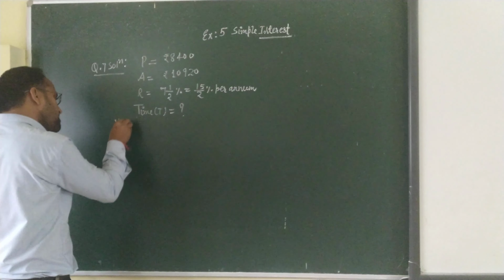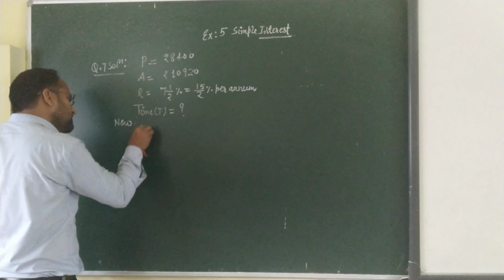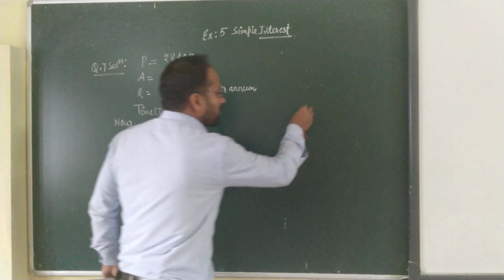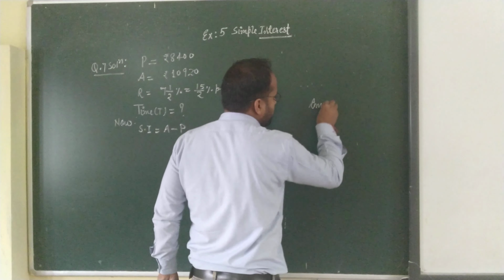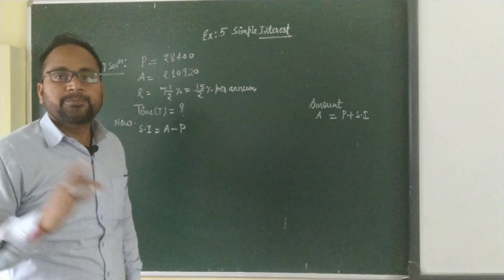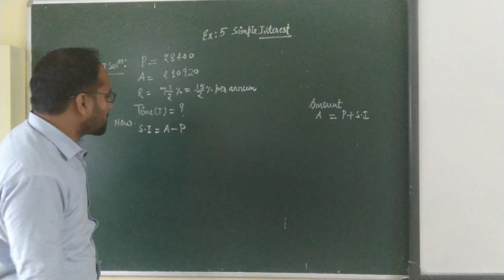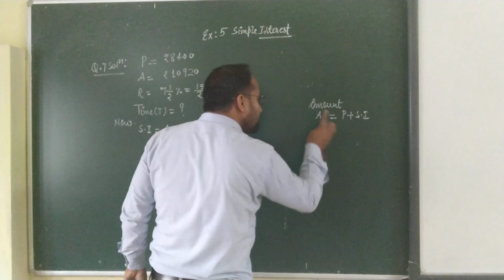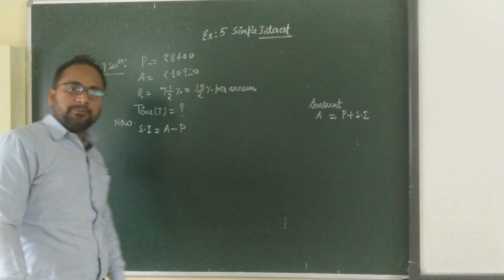Now, simple interest is equal to amount minus principal. You know that amount is equal to principal plus simple interest, A is equal to P plus simple interest. So we use this formula: simple interest is equal to amount minus principal.